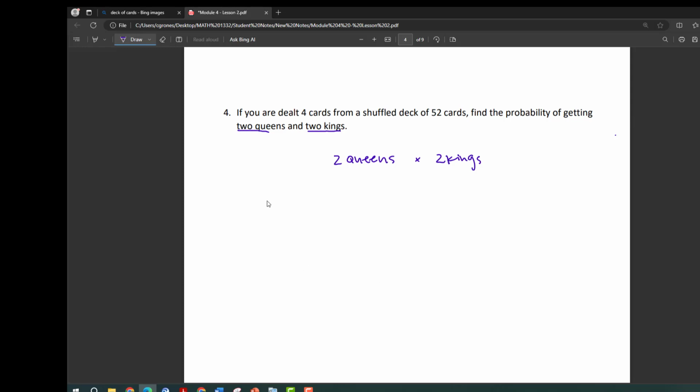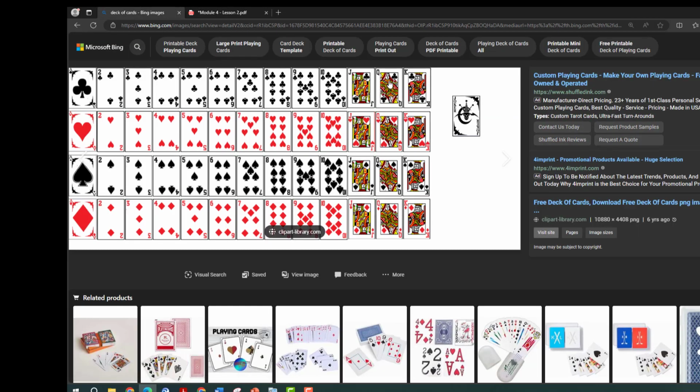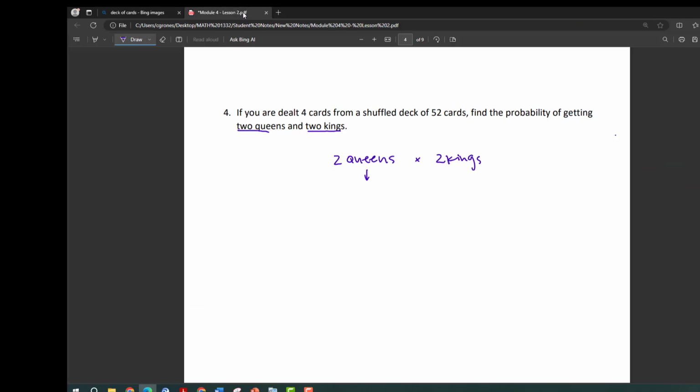So the event that we're looking at for the queens, we have 4 total queens that we can choose from in our deck. We want to choose 2 of those. So it would be 4C2. Same thing for the kings.